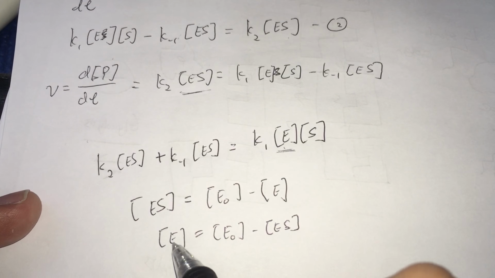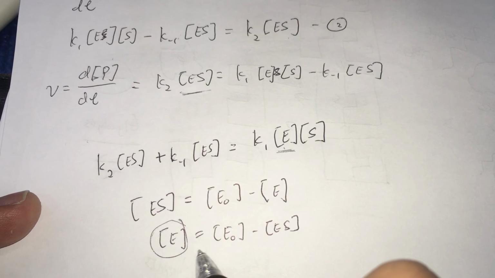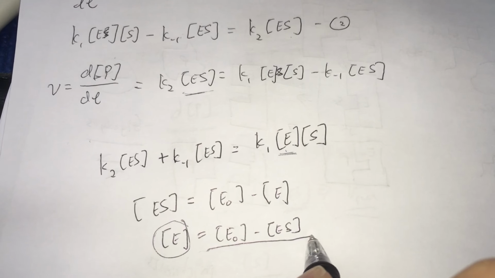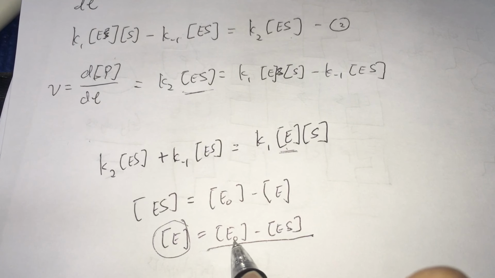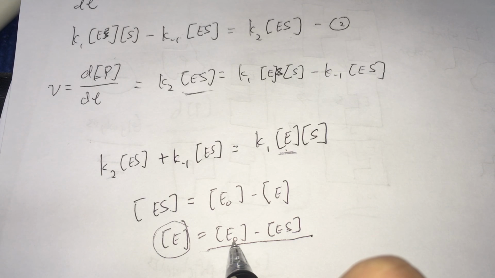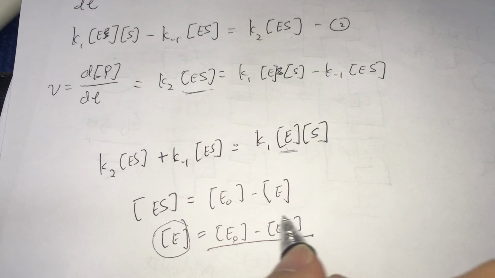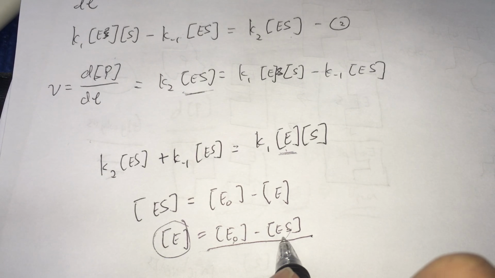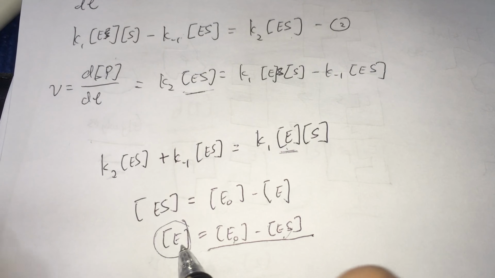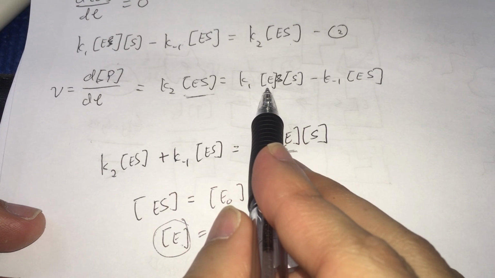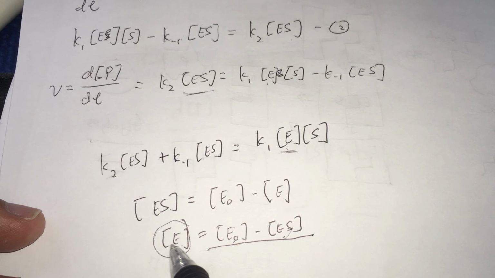So now we have an equation specifying E in terms of things we know, which is the enzyme concentration initially, and of course the enzyme-substrate concentration. So let's substitute E into this equation so we can get rid of this variable.